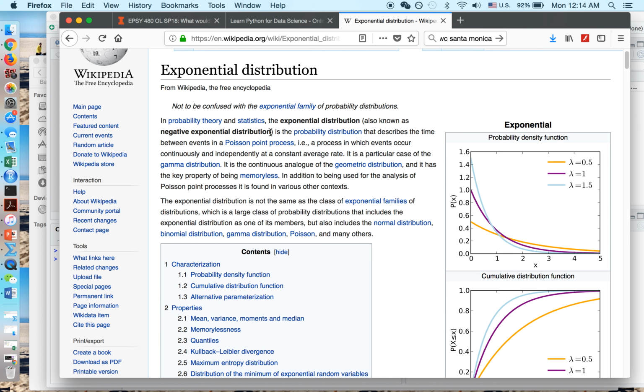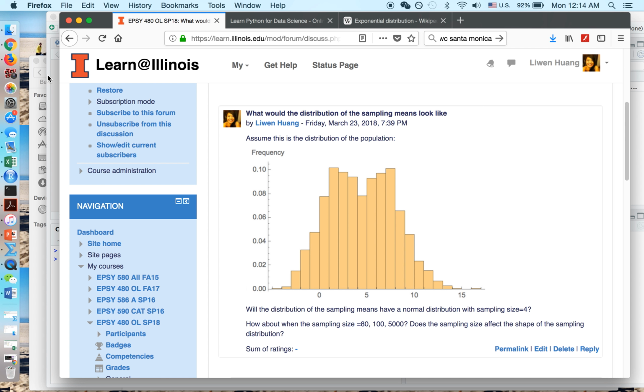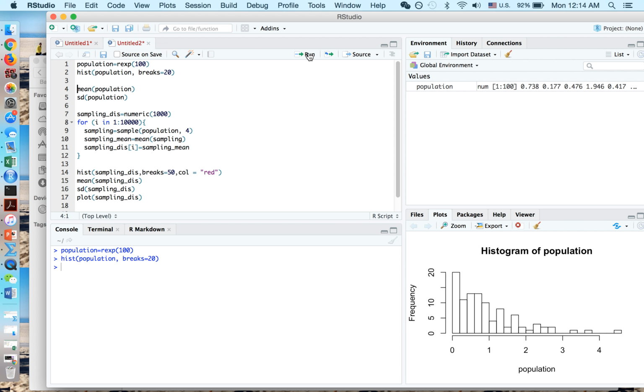If you want to find out what it is, you can simply type exponential distribution in a Google search and read the Wikipedia page. Okay, so we first simulate a population distribution. Take a look at this population. It's definitely not normal looking, right?